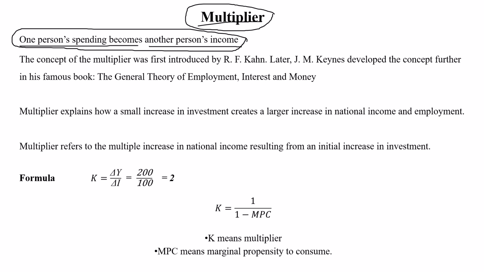The concept of the multiplier was first introduced by R.F. Kahn, who used it as an employment multiplier. Later, the multiplier concept was developed by John Maynard Keynes and used as an investment multiplier in his book The General Theory of Employment, Interest and Money.